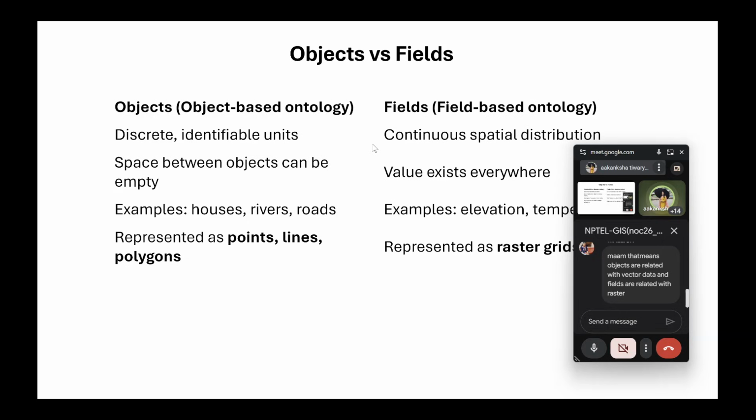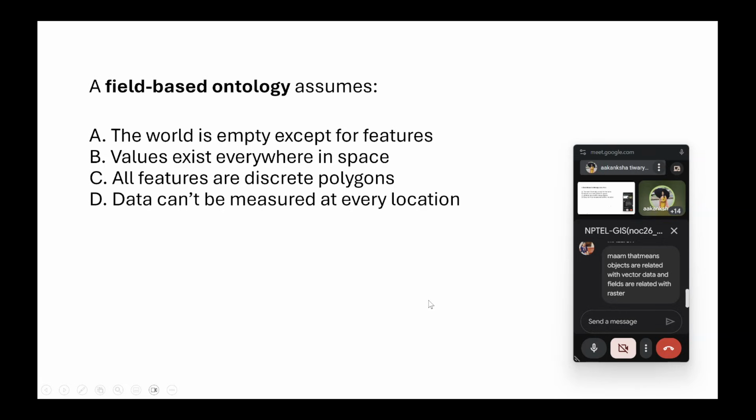Fields have value everywhere, so they can be represented by raster data sets. But objects are discrete, so they can be represented by vector data sets. So you are right, objects are related to vector and fields are related to rasters.